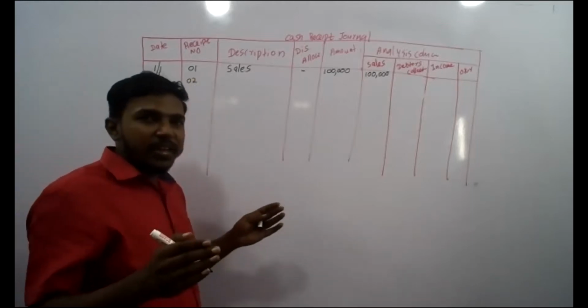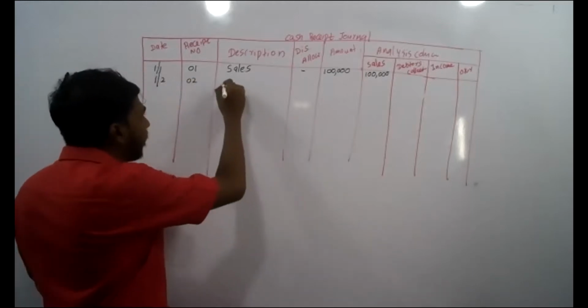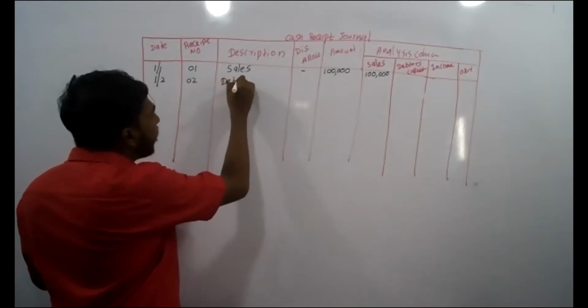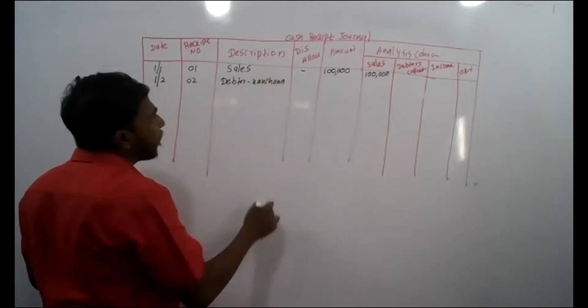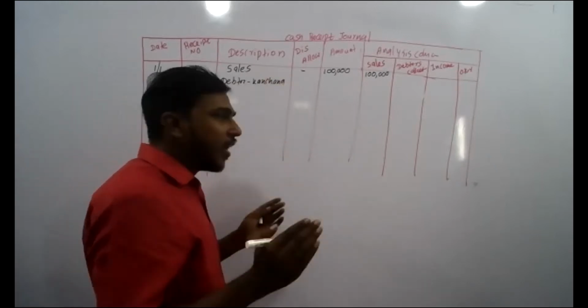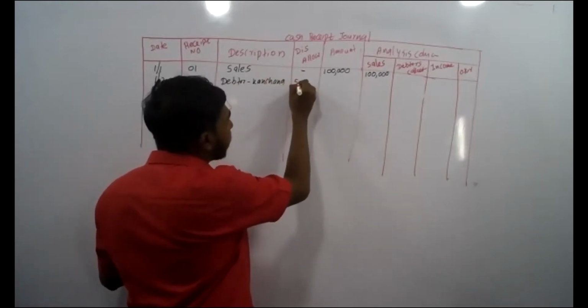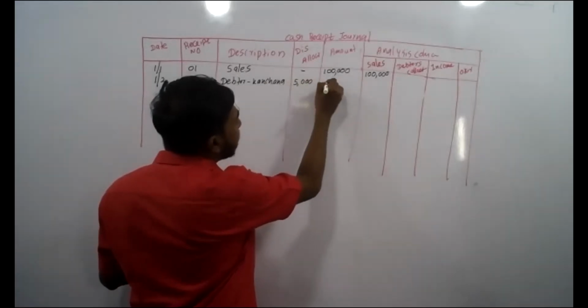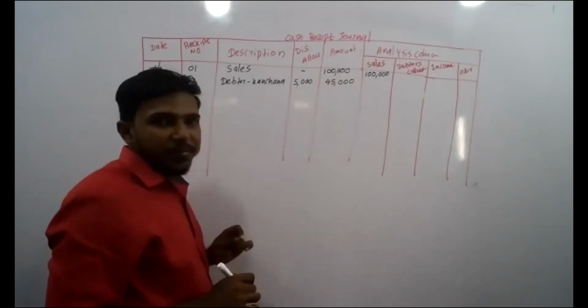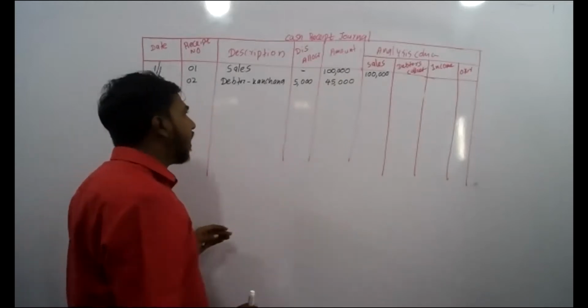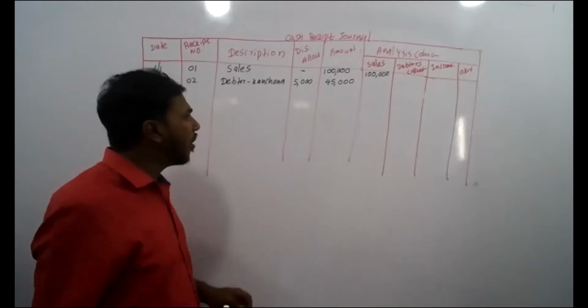You received the cash from debtor Kanchana. So now you have given her a discount of 5,000. And the amount you received is 45,000. Clear? There was a debtor called Kanchana. She basically doesn't pay you regularly.